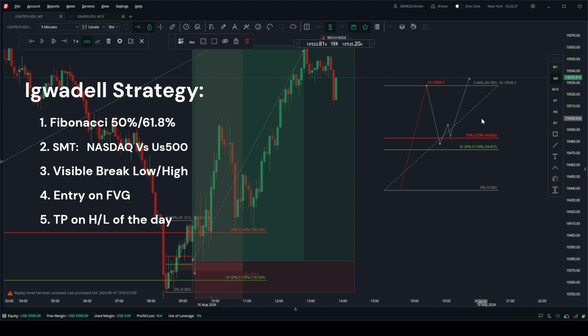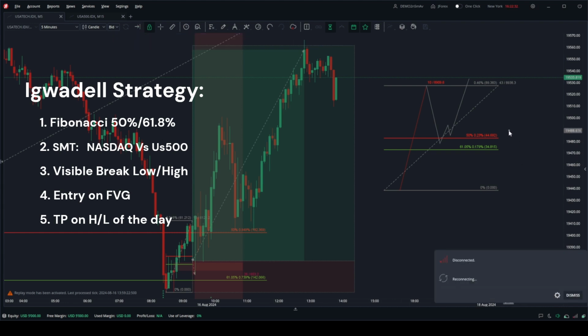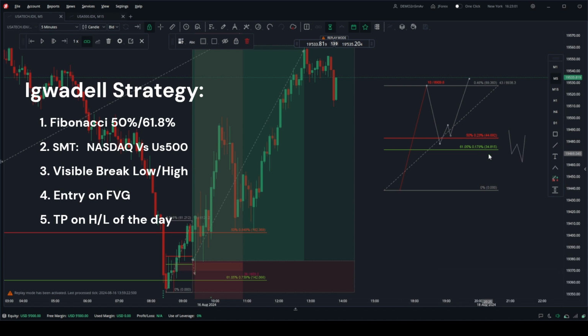The thing that I'll be considering is SMT right here. When the price comes right here on US 500, when it makes this move on US 500, it looks like this, and then on US 100 it looks like this.